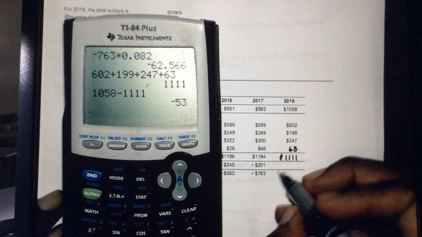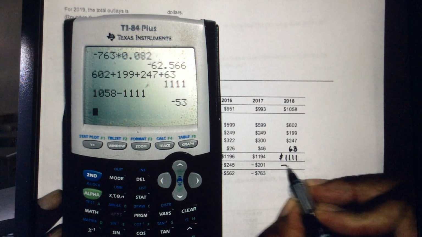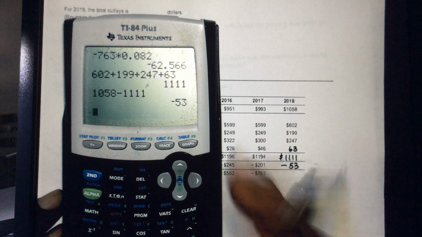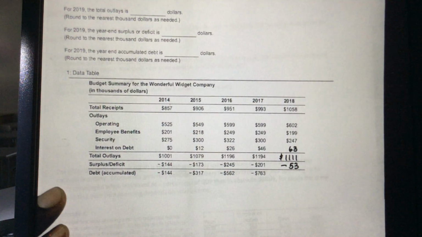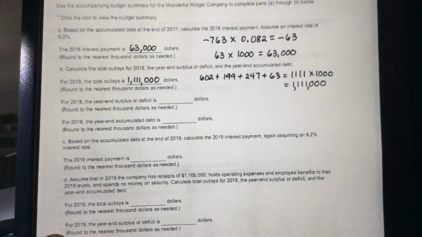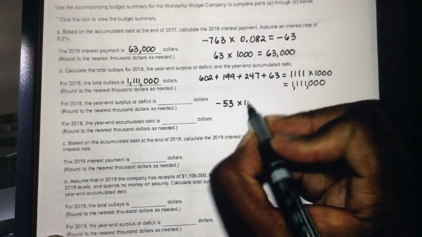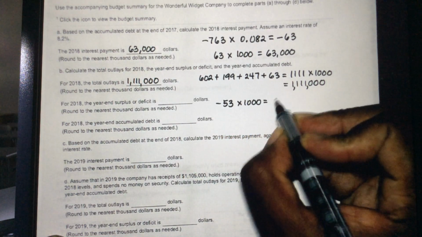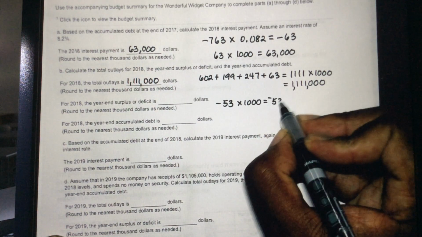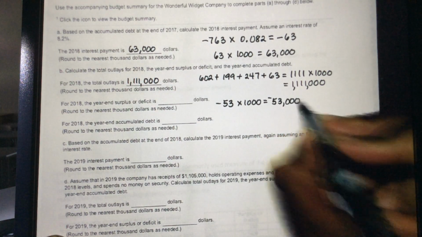That would give us, in this case, negative 53. Okay. Now that negative 53 is in thousands of dollars. So in this case here, we got to take the negative 53, multiply it by 1,000. And this will be negative $53,000.